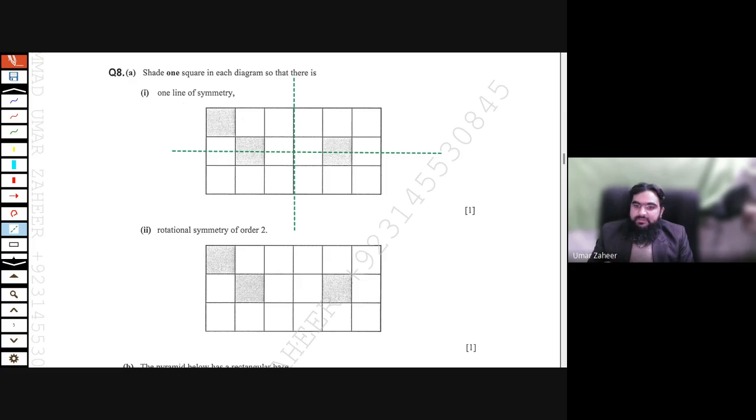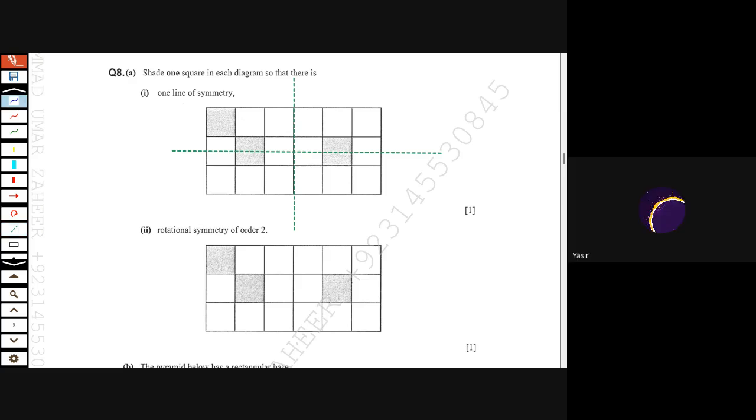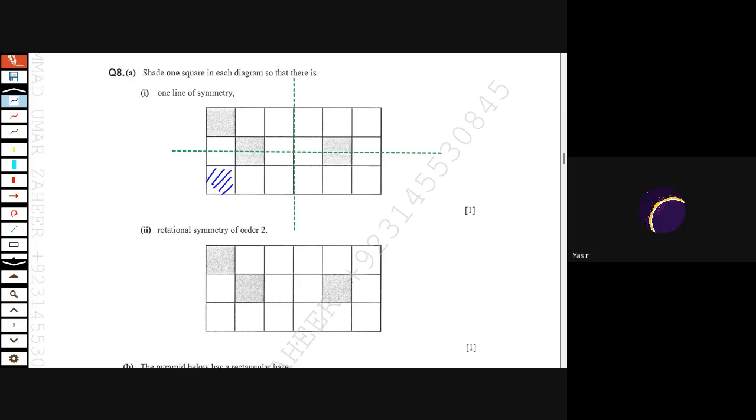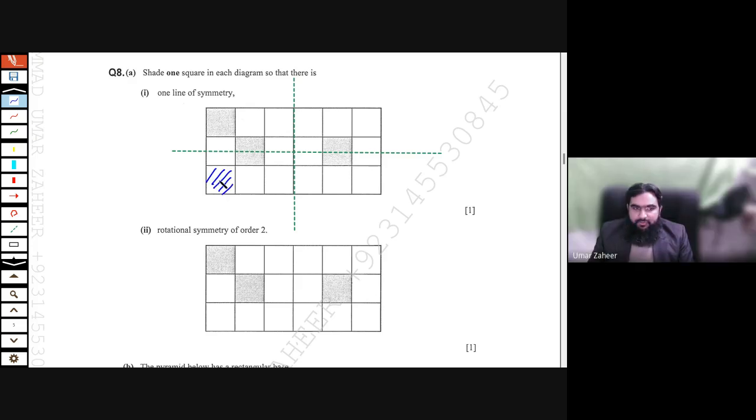Sir, a square on the bottom left. After drawing this one, we are going to get one horizontal line of symmetry.